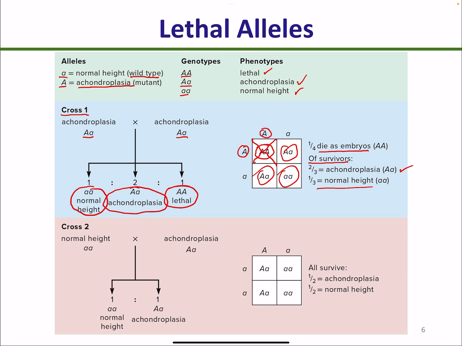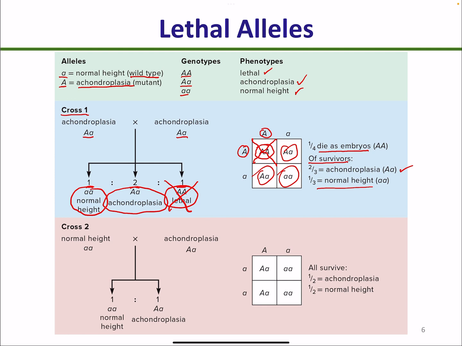So we have a ratio of 2 to 1. And again, when we look at the offspring, we are only considering those individuals who have a chance to live, so we don't take the dominant homozygous into account, right?